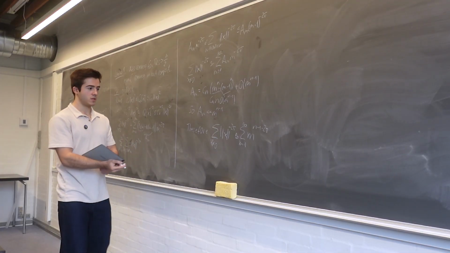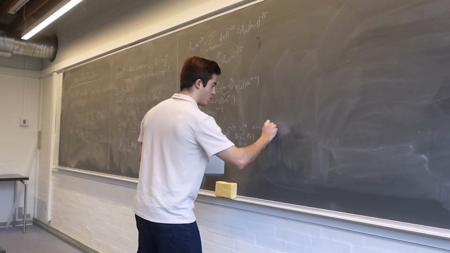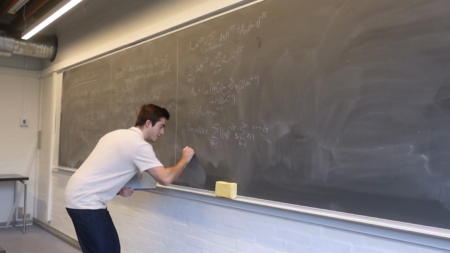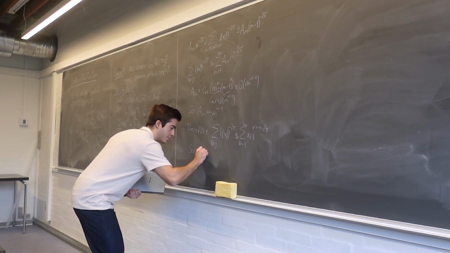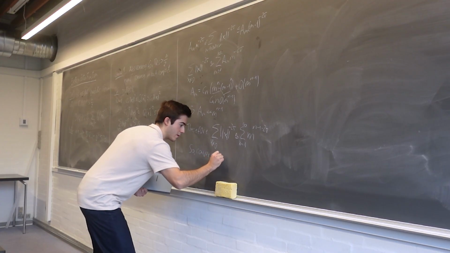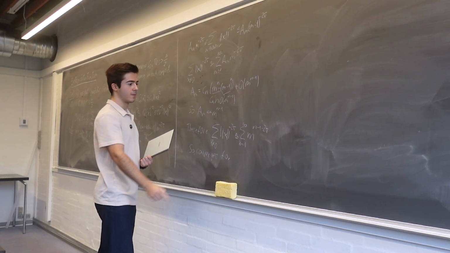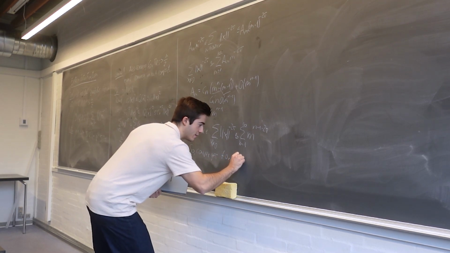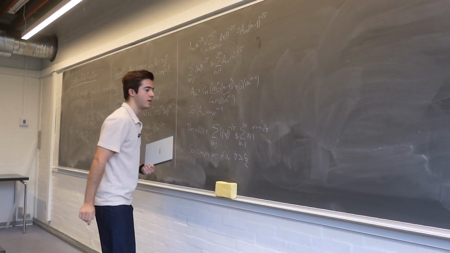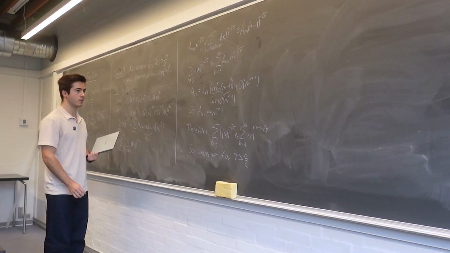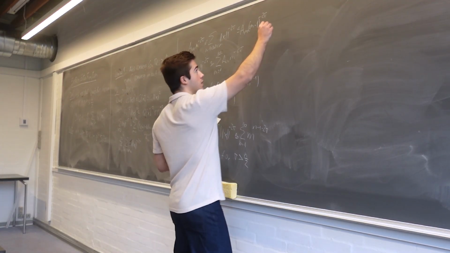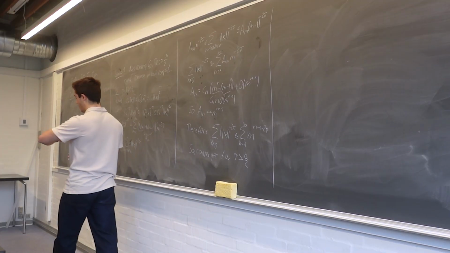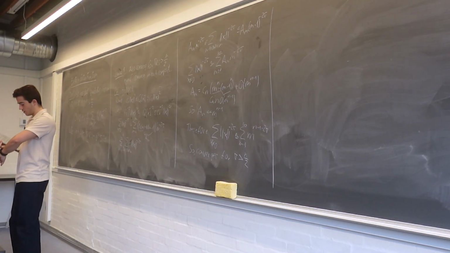Of course, this only converges if this is less than minus 1. So it converges for sigma greater than n over 2. Okay, so this is absolute convergence. I'm going to see if I have time to do the other one.